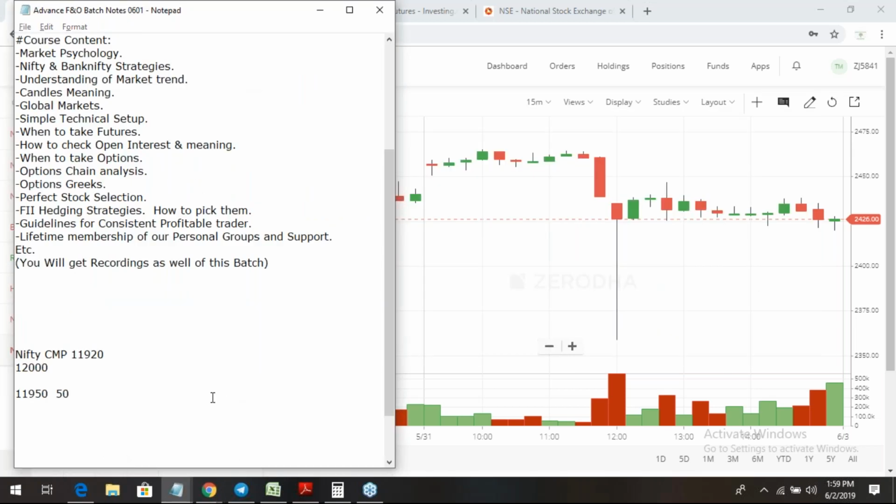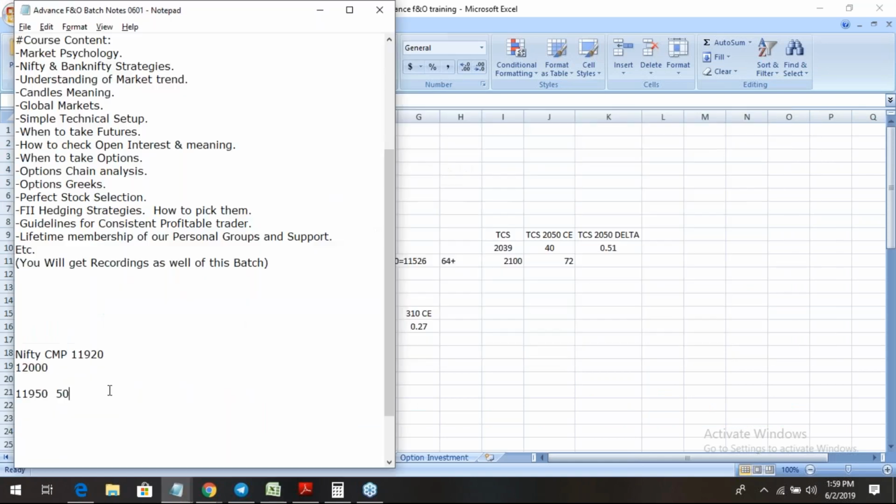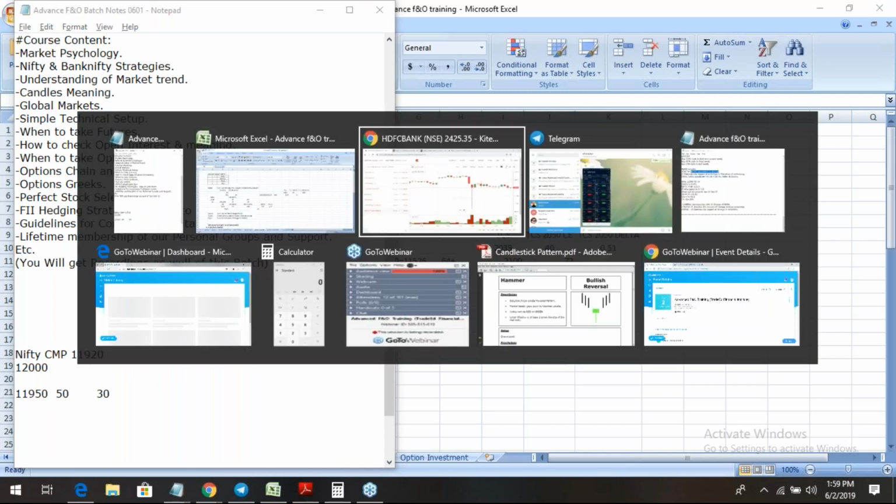So what does delta say? It says the impact of change in underlying. Means if suppose Nifty goes 30 rupees up, what does my delta say? What is the current value of delta?